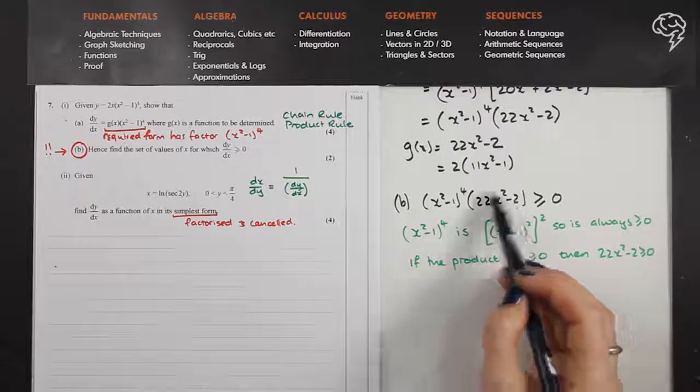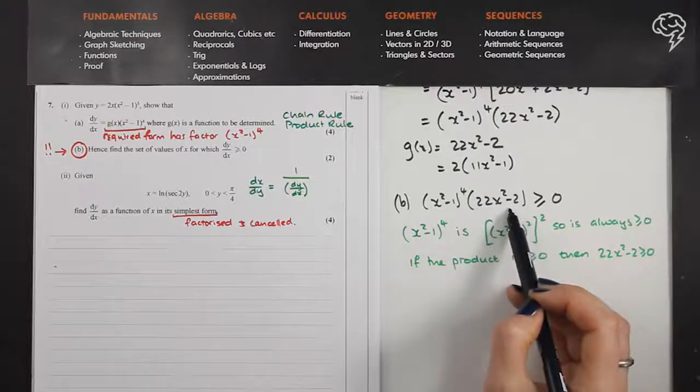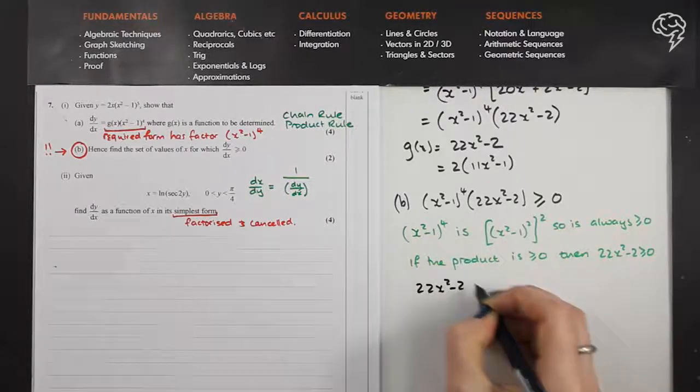So what we actually need to solve is that this thing here, 22x squared minus 2, is greater than or equal to 0.